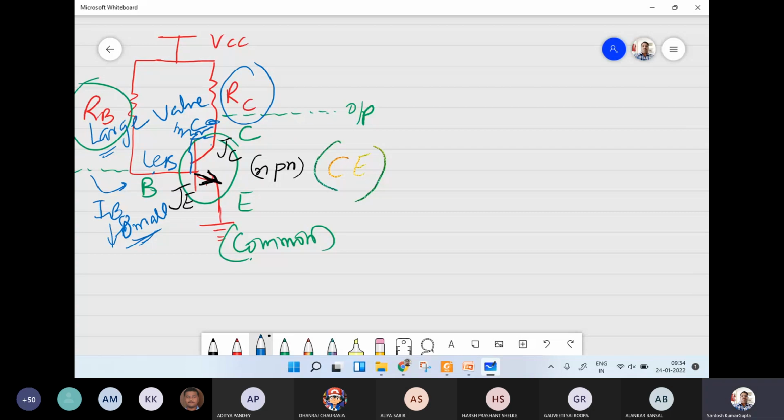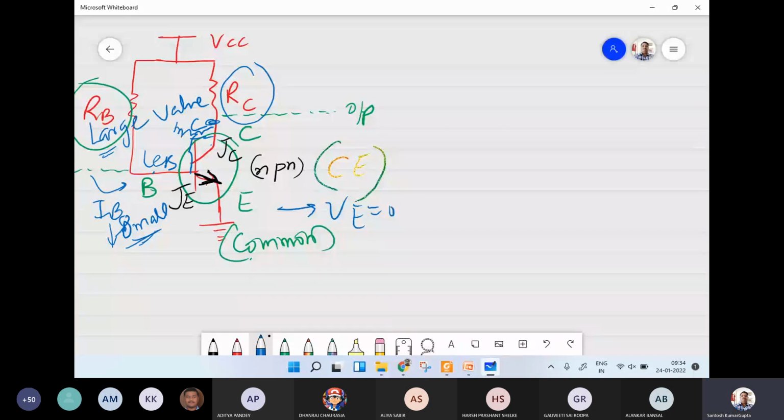We are asked to analyze this circuit for the collector current and all other voltages like base voltage, emitter voltage, and collector voltage. Emitter voltage need not be calculated because it is grounded, so VE is equal to 0.